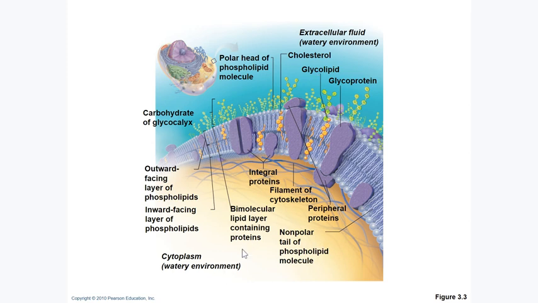You can see our cytoplasm here and our extracellular watery environment out here. In that wall, we also can see glycolipids, glycoproteins, cholesterol. And if you remember, cholesterol right here is a steroid. Integral proteins, attachments to the cytoskeleton, peripheral proteins, and then glycolipids out here that are sticking out of the cell.